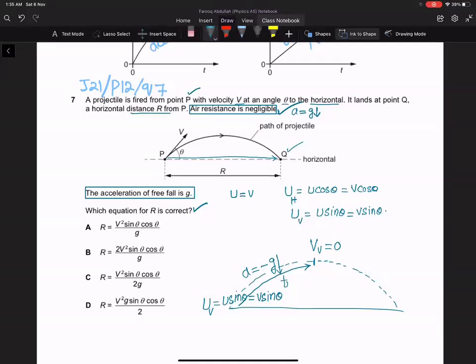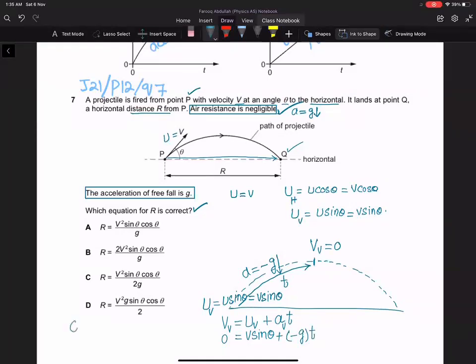With these variables, the equation that we can apply is v vertical is equal to u vertical plus a vertical into time. And v vertical is 0, u vertical is v sine theta, because u is v here, and a vertical is negative g, multiplied with time.